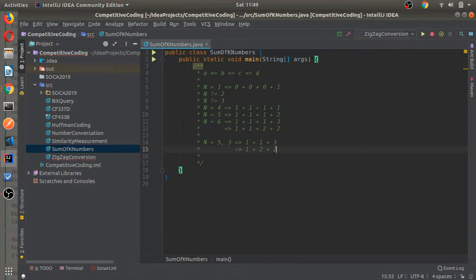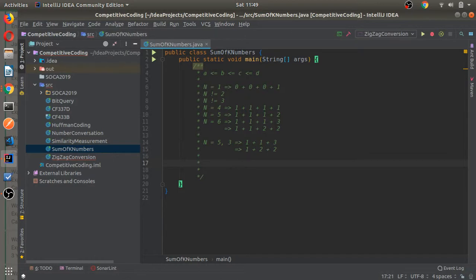So to represent 5 like this, what if I have the first number as 2? Then it's 1 1 1, which is not possible.